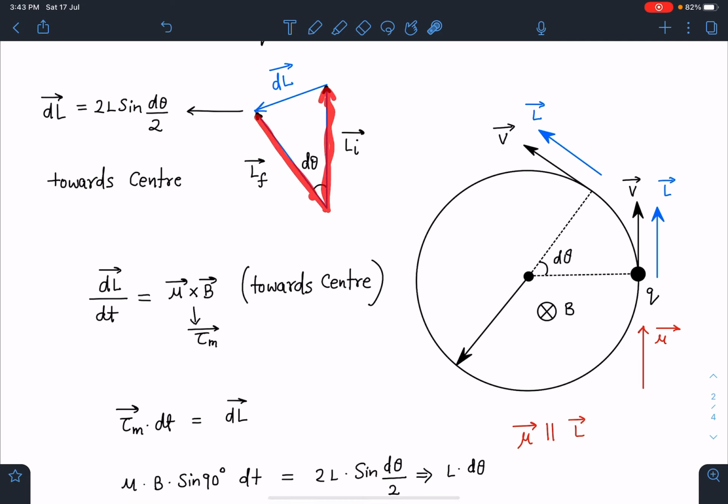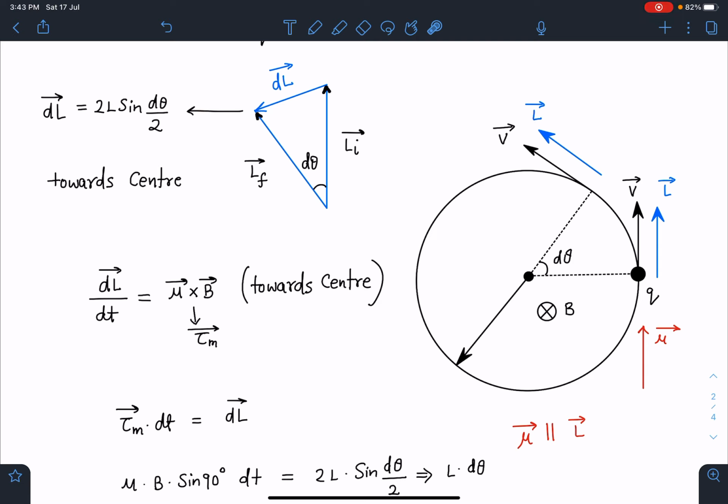From that derivation, I think all of you know, if this is L and this is L, this is going to be 2L sin d theta by 2. You can drop a perpendicular here and this will be L sin d theta by 2, and this is also L sin d theta by 2. So the change in angular momentum of this charged particle is going to be 2L sin d theta by 2.